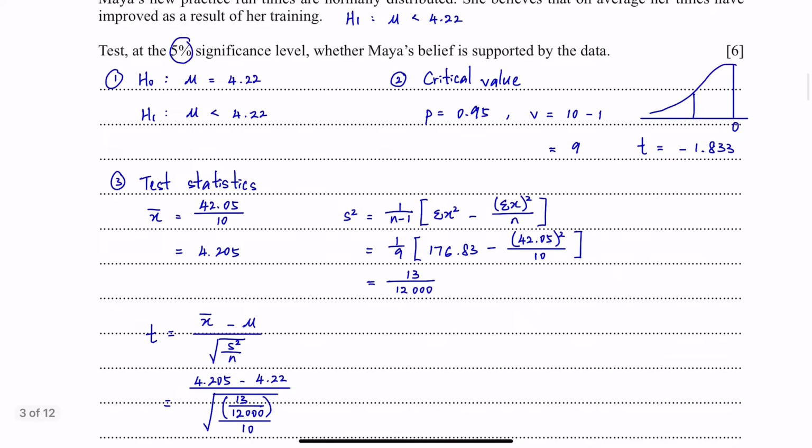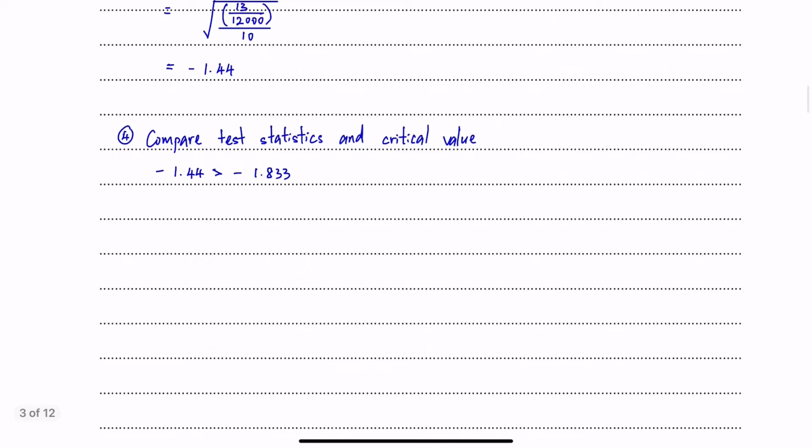So we can sketch out the graph to see whether we have to accept or reject. Alright, this is the left side of the graph. Negative 1.833 is here. This would be the rejection region, and this would be the acceptance region.